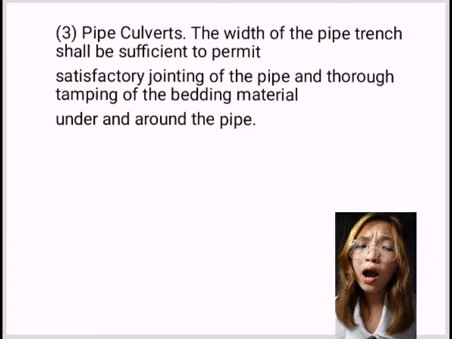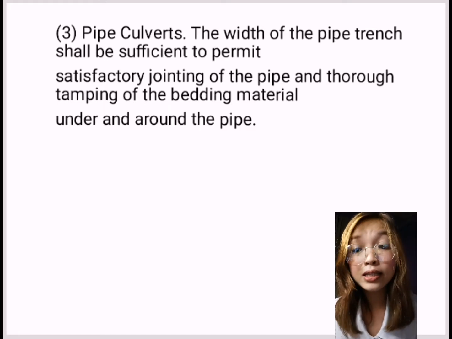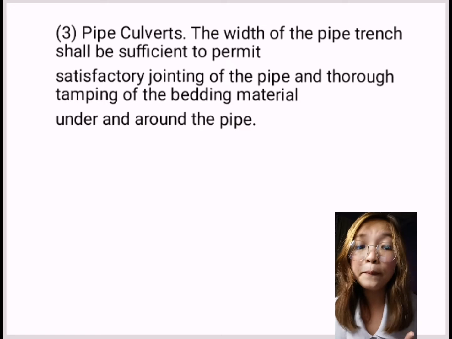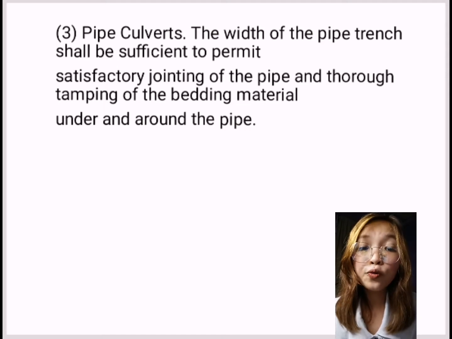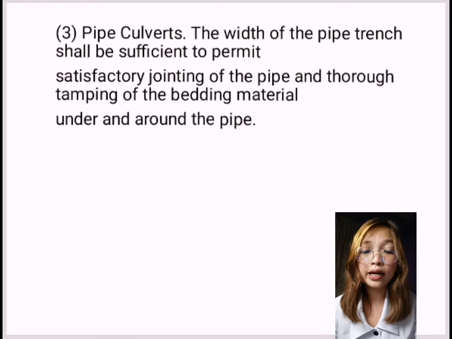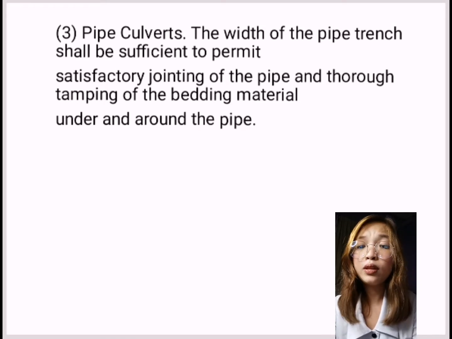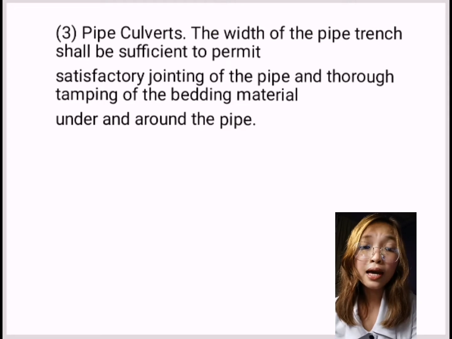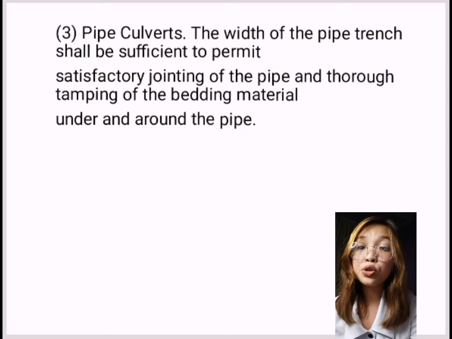So where rock, hardpan, or other unyielding material is encountered, it shall be removed below the foundation grade for a depth of at least 300 mm or 12 inches, or 100 millimeters for each meter of fill over the top of pipe, whichever is greater, but not to exceed 3/4 of the vertical inside diameter of the pipe.